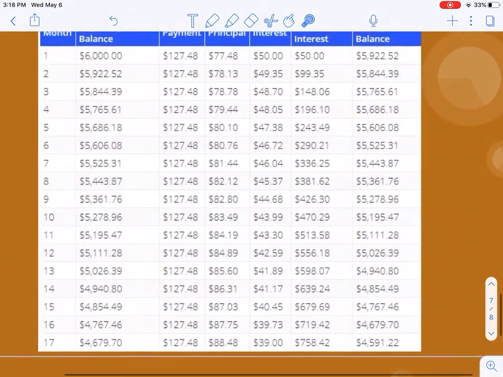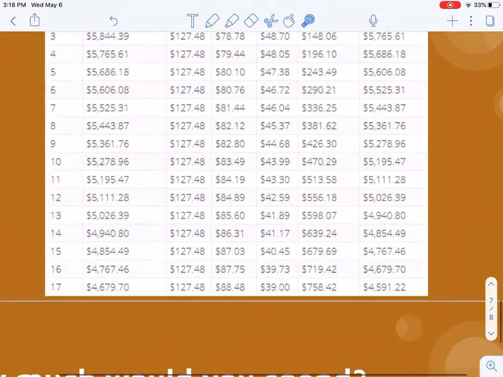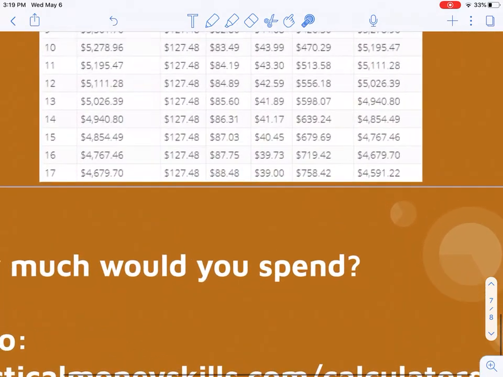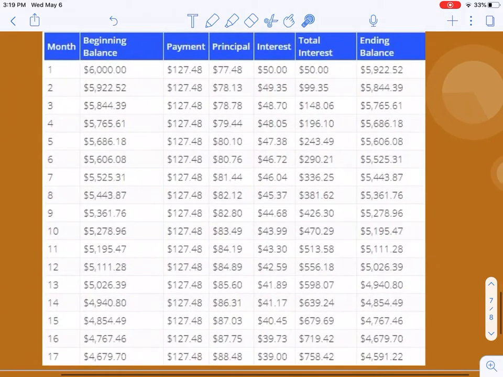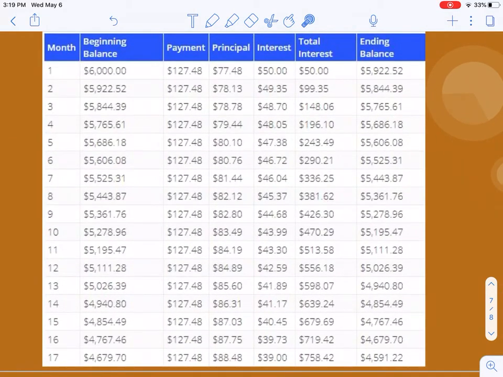And this chart does not go all the way to the end of the payment period. It only goes through 17 months. So this is for a loan of $6,000. And if you notice here, we have our month. So the first month of payment, the second month of payment, third month of payment, and so on. And what you notice is the payments do not change.